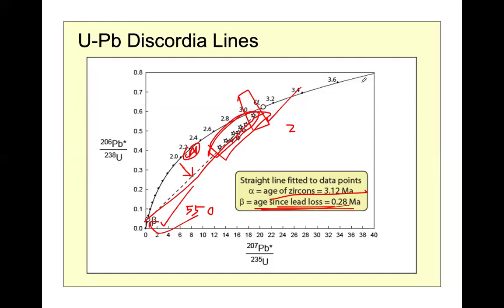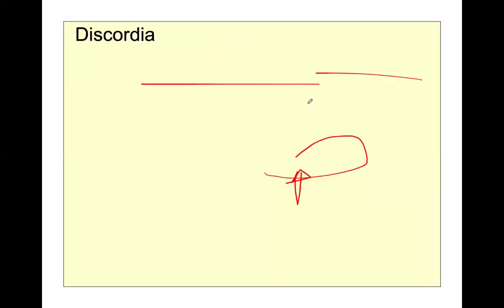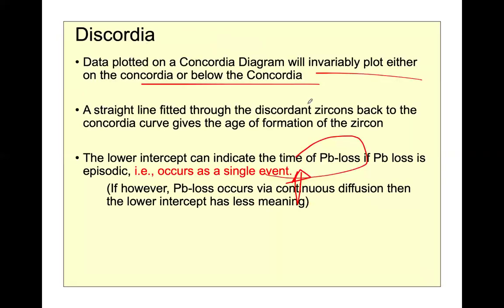In that case, maybe you have one discordia here, another discordia there, and another discordia there, like if there have been two or more lead loss events. So these are complicated situations. We are not bothered about these situations at this undergraduate level. So you can consider the discordia as just a single event.